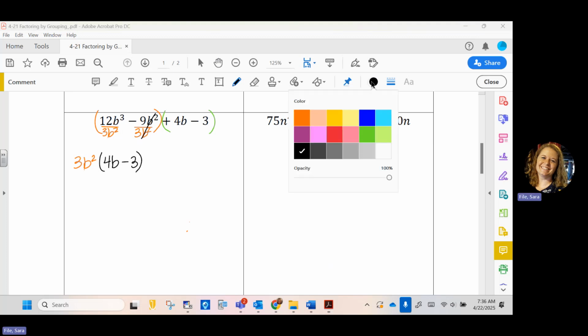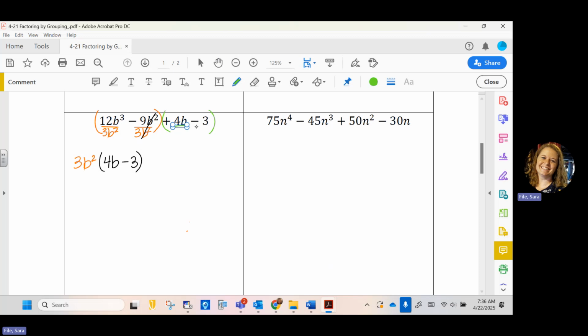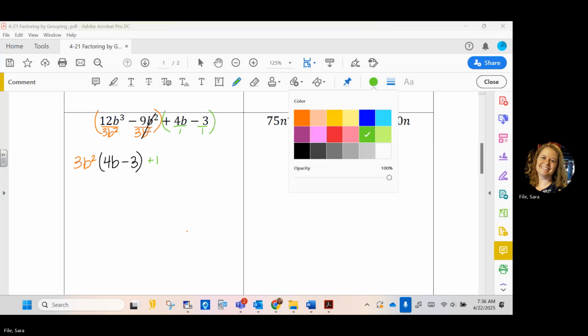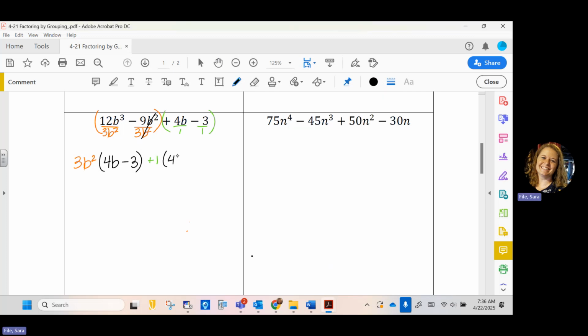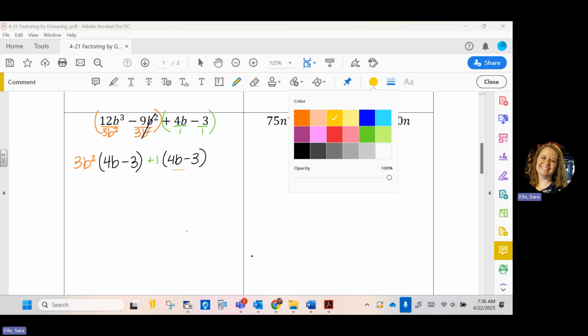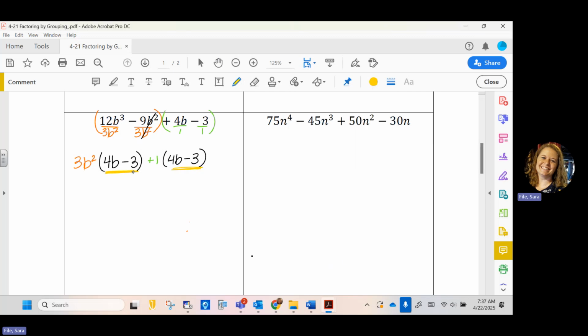Then in my second group, I look again, is there something that can be factored out of both of those? And again, in this one, there can't. It's just that understood 1. So a plus 1 again, which leaves me with 4b minus 3. But that's okay because now my leftovers match, don't they?